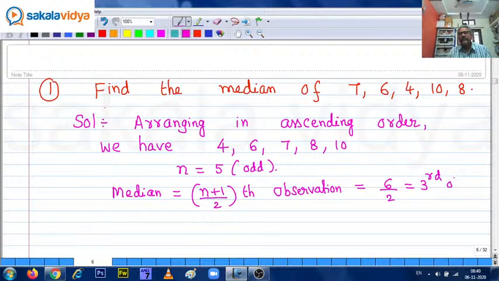Third observation means 1, 2, 3: 7. This is the median. Median equals 7. This is the answer.